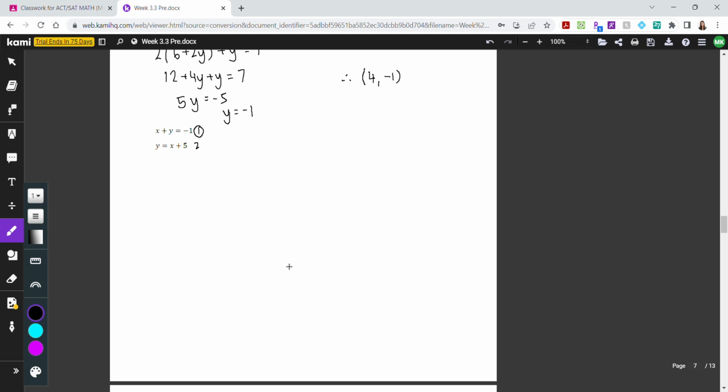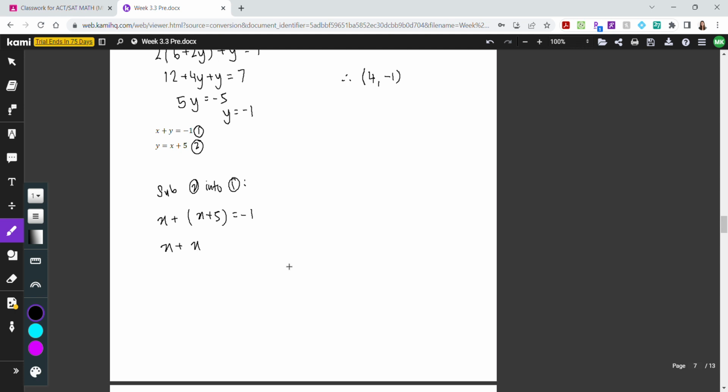So I'm just going to label my second equation as 2, and sub equation 2 into equation 1. So it means I'm going to replace this y here with this. So how that's going to look, it's going to be x plus 5 equals negative 1.